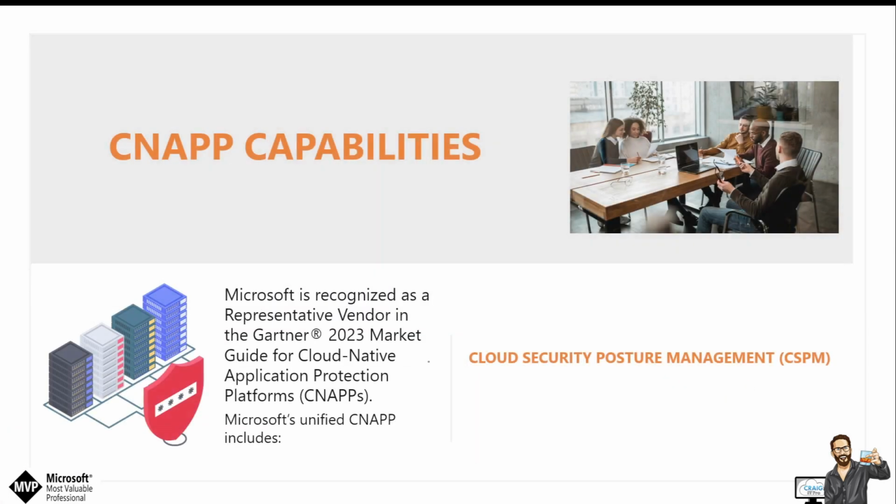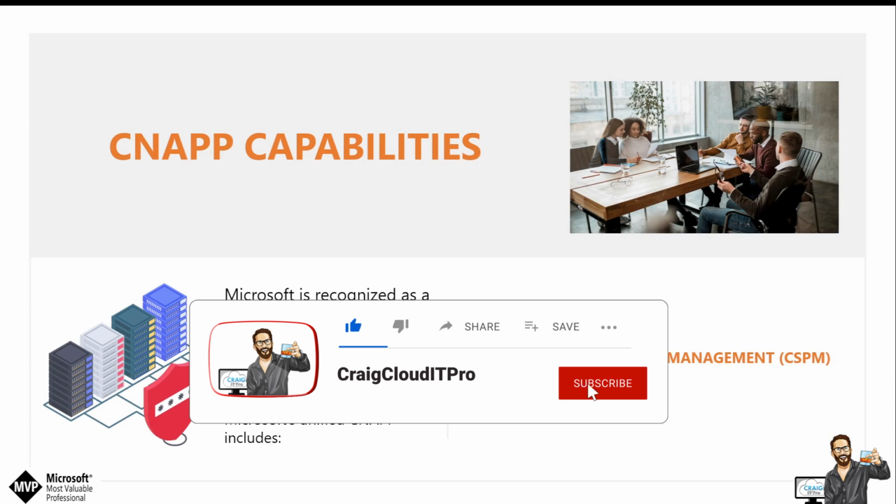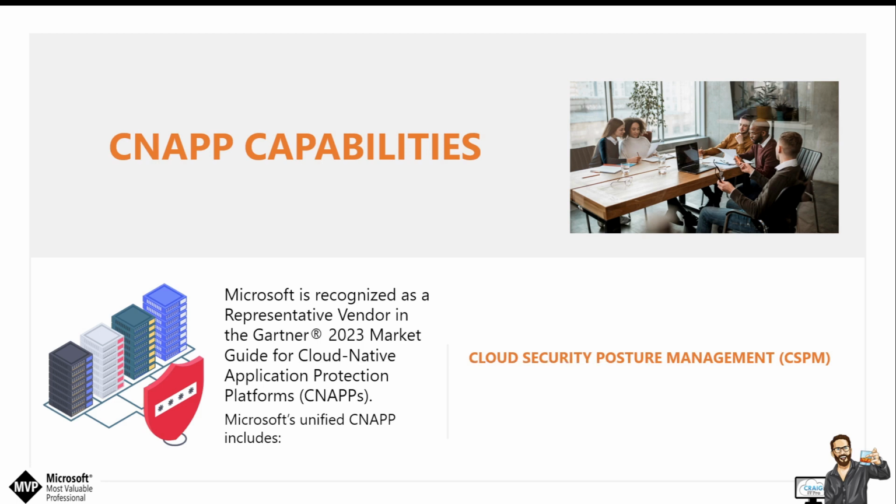So CNAPP capabilities are huge. There's so much it covers, and here I'm going to cover five topics that CNAPP actually covers. Security teams need an end-to-end platform for cloud security. This means security integration into DevOps, visibility across their multiple cloud environments, a prioritized view of their most critical vulnerabilities and misconfigurations.